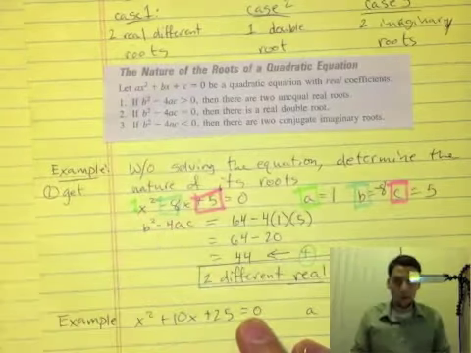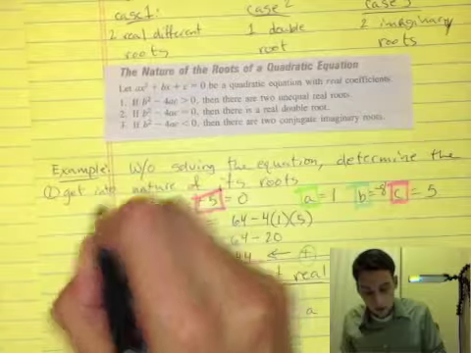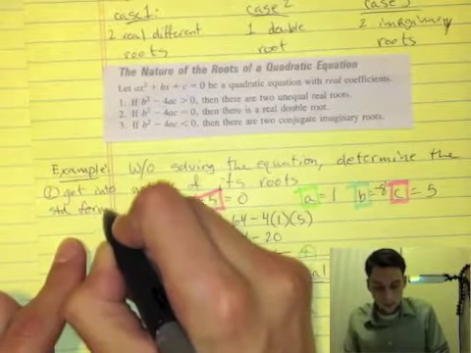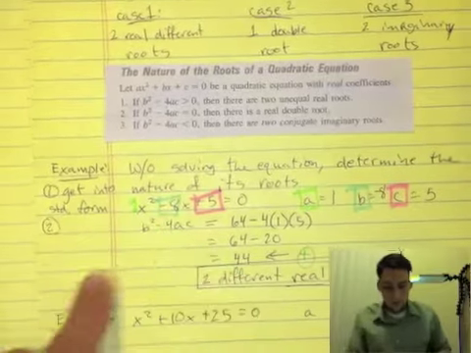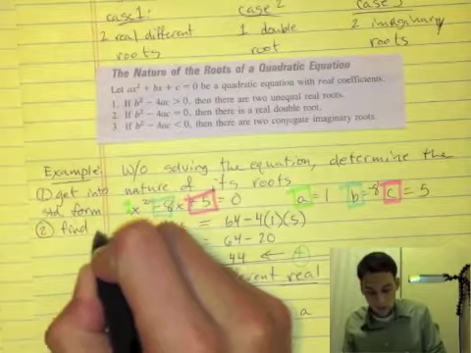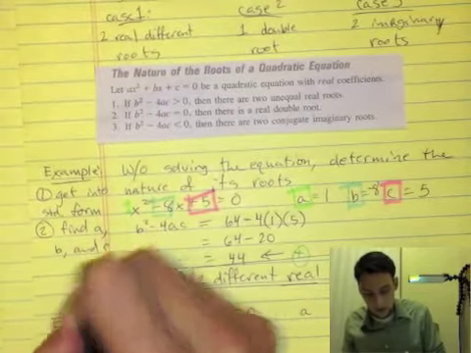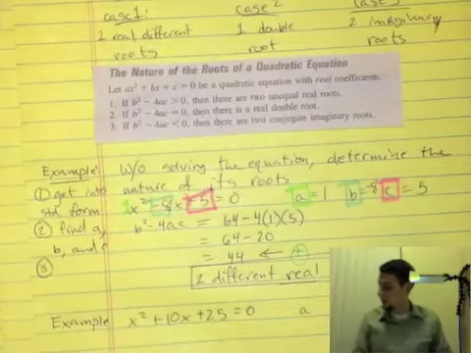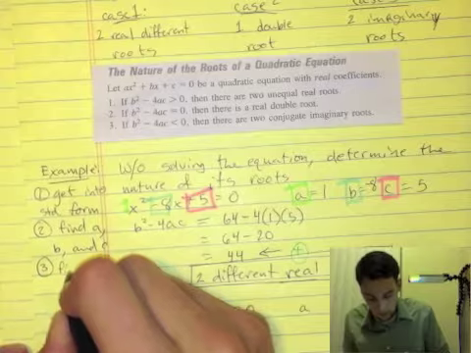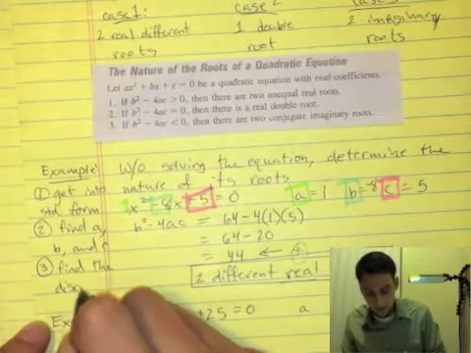It was already in standard form for us, but it might not always be. Step 2, after we get into standard form, find a, b, and c. Step 3, find the discriminant, and then you're done.